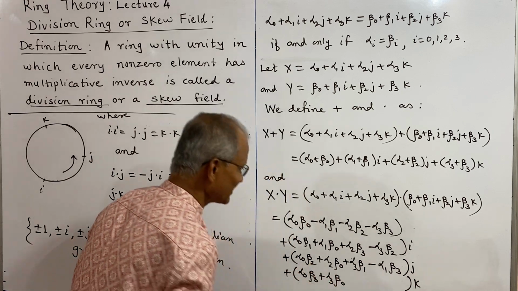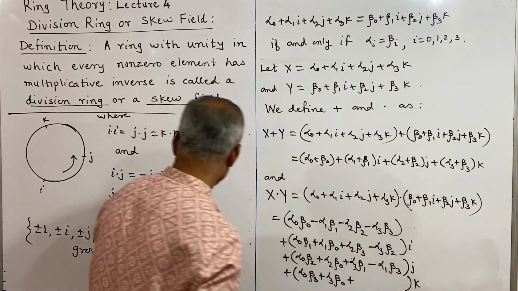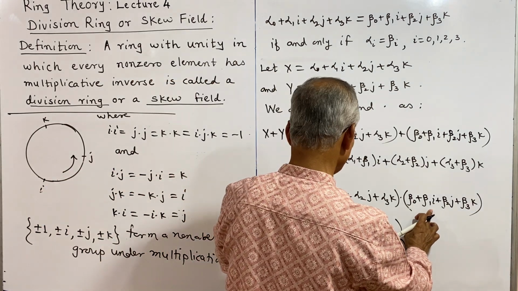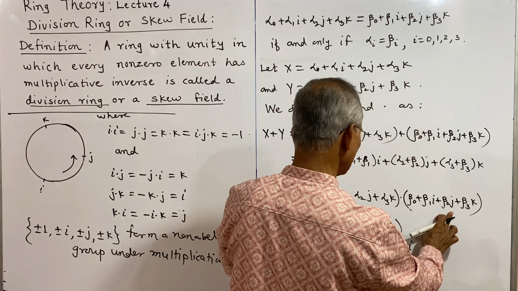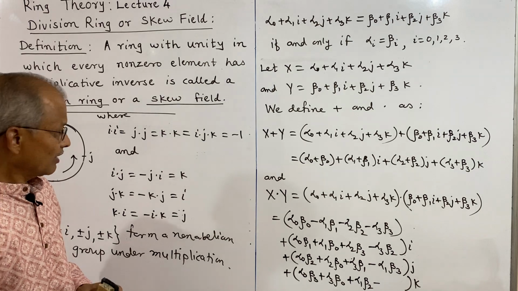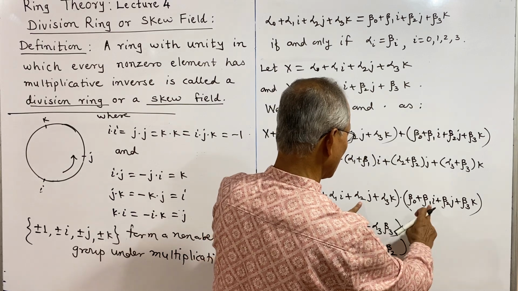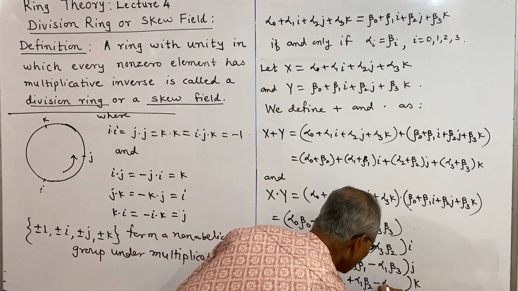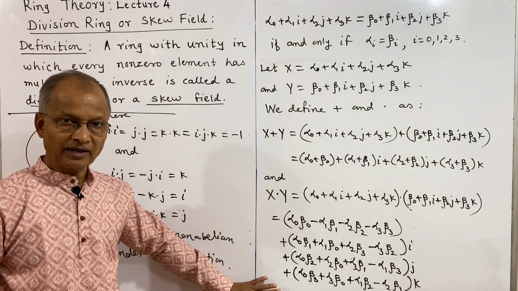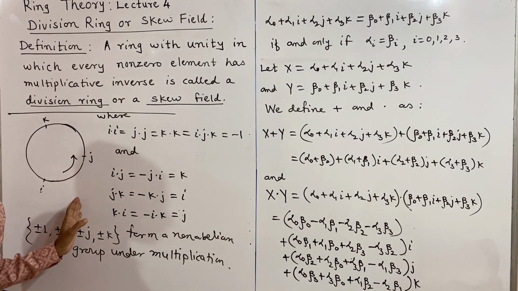These are interchanging, you see, alpha 3 beta naught, that is the component, and next is plus, the k component i into j, alpha 1 beta 2, alpha 1 beta 2, minus, and now this is j into i with negative, alpha 2 beta 1, alpha 2 beta 1.